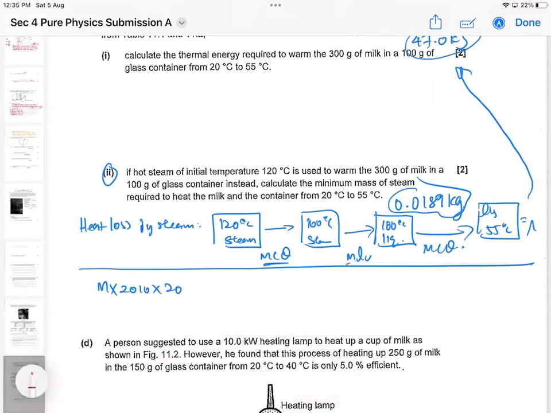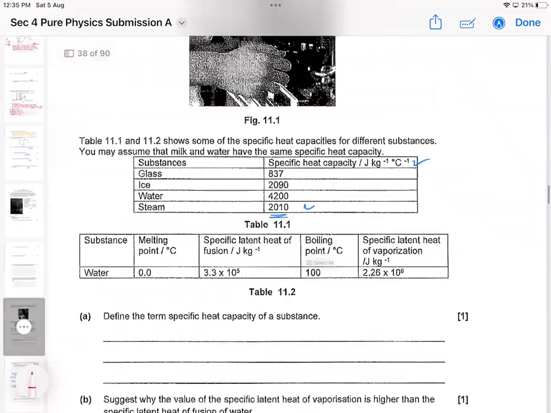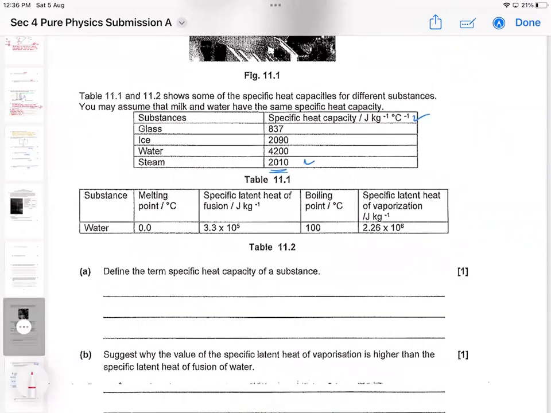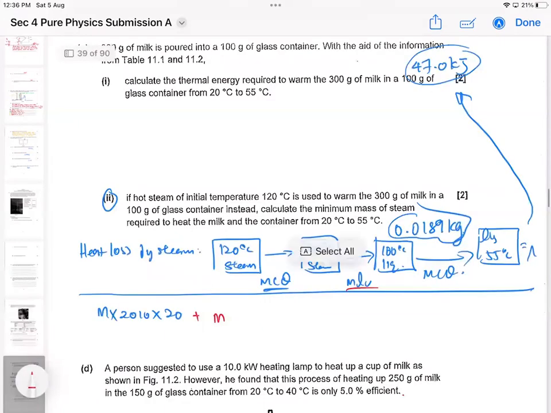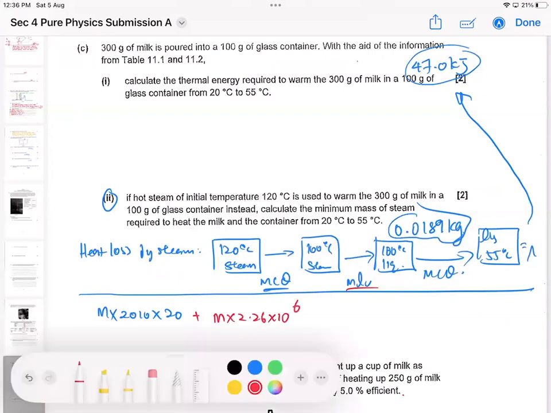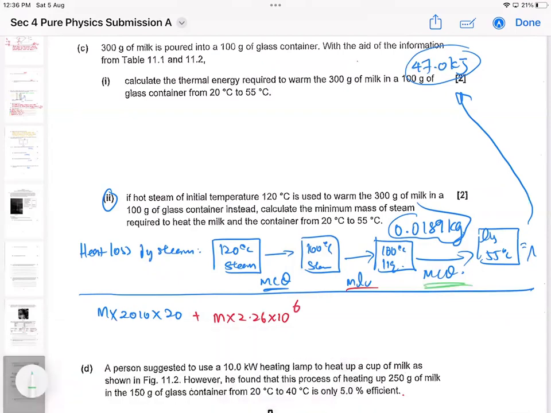Okay, let's talk about the ml. So plus, in this case, the mass times the latent heat of vaporization. So the latent heat of vaporization is this value, for water. This is for solid, so this is not the case. We are using this 2.26 times 10 to the power of 6. And the last one is the mcθ for the water stage. So again, we have m. c of water should be 4200.